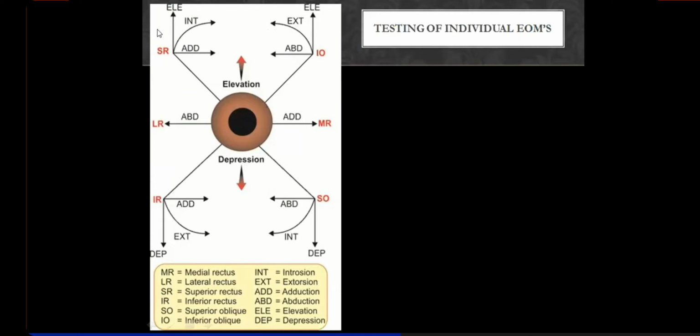Inwards or clockwise rotation of the eyeball. Inferior rectus will depress the eyeball, adduct the eyeball, and also help in extorsion or anti-clockwise movement of the eyeball. Okay, understood? These will actually come here, and these will come here. I think the previous diagram in the oculomotor nerve was missing these components. These components are actually for the testing of the eyeball.